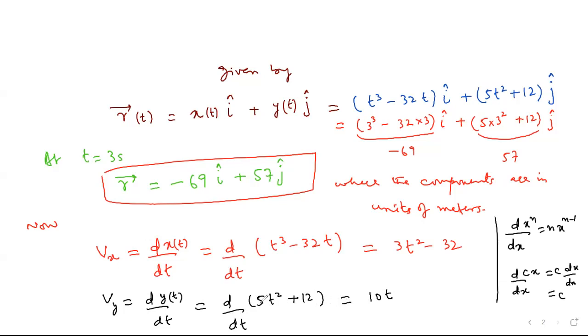How? In first term 5 you factor out, then you find the derivative of t square, that will be 2t. 2t multiplied by 5 will be 10t. And in second term, d by dt of 12 is 0 because derivative of constant is 0. 12 is a constant. So we have found the velocity along x and velocity along y. These will be the components of the velocity vector.